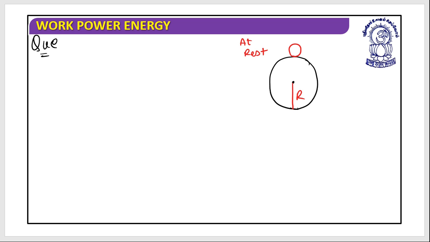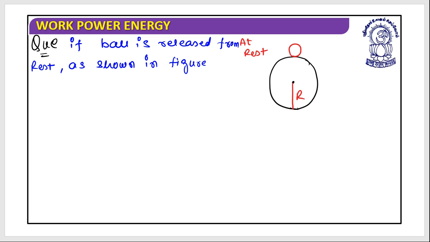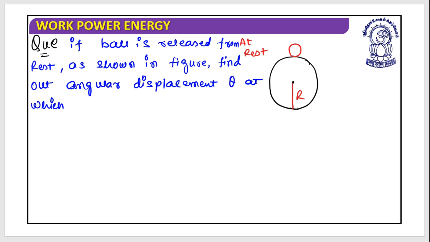So what they are supposed to ask is that if the ball is released from rest as shown in the figure, find out the angular displacement theta at which the ball will leave the circular trajectory.